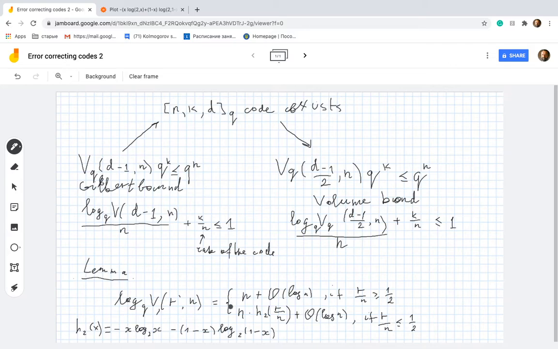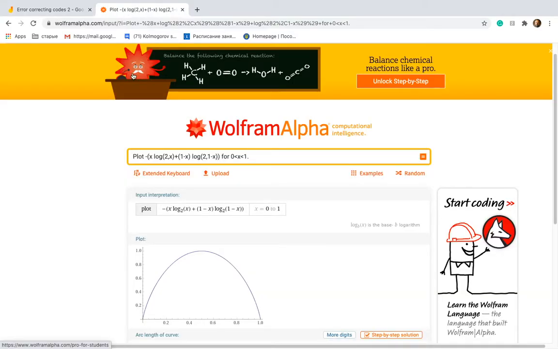So to understand what areas these two bounds indicate, let's see how the graph of the Shannon function looks like. To this end, we will use Wolfram Alpha. So here I asked Wolfram Alpha to plot the Shannon function, and you see its graph is symmetric.